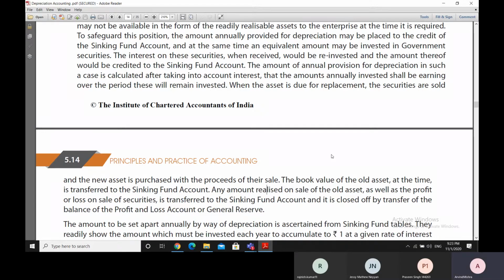So any amount which is realized on the sale of that old asset, along with the profit earned on the sale of securities, is transferred to the sinking fund account, and then the sinking fund account is closed off by transfer of the balance to the profit and loss account or the general reserve.